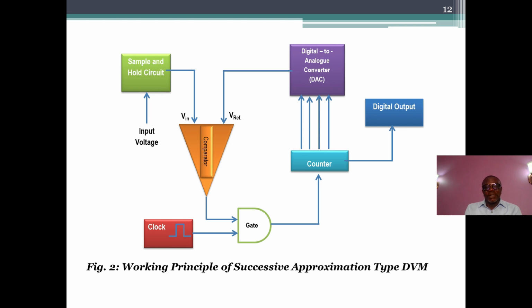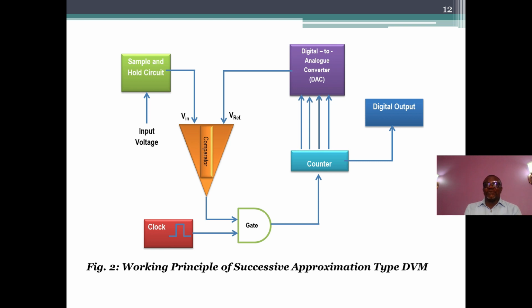Now, a clock signal also comes to the input of the gate. This being an AND gate, it can only operate when the inputs are in one state. So the comparator brings an output, the clock gives an output, so the gate gives an output. That output is sent to the counter.